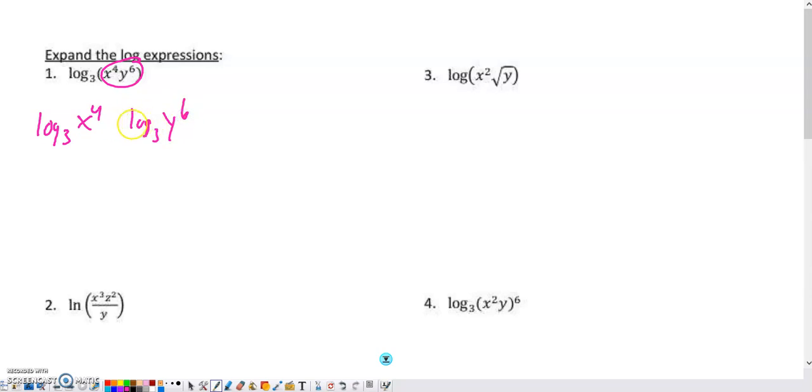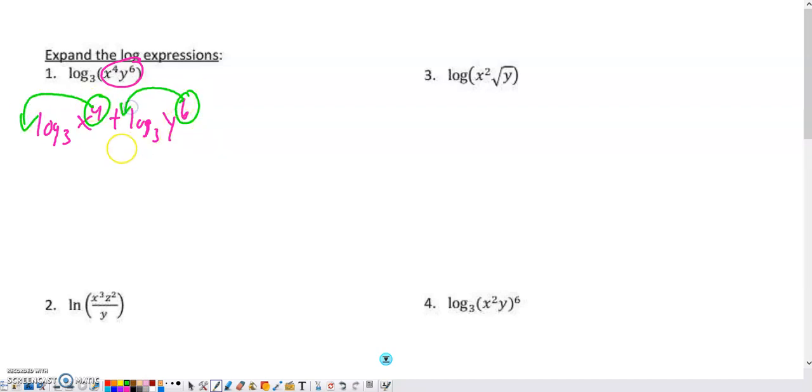How you split them up is through addition. If you refer back to the previous page, you'll see that with product properties, when you have anything multiplied, they're split up into an addition example. So that's step 2. Now step 3 says, are there any powers? And the answer is yes.